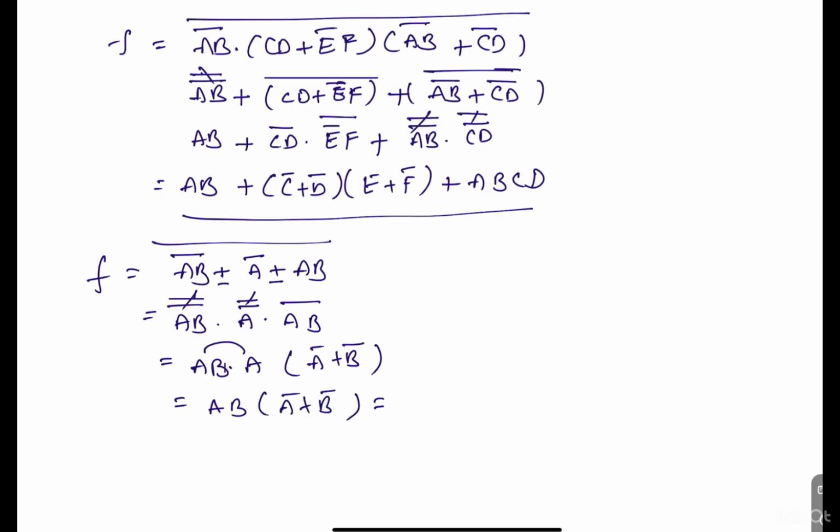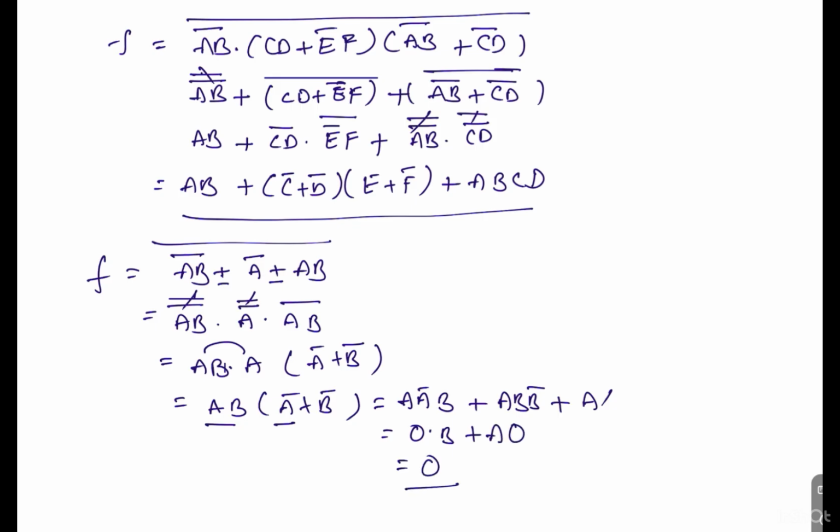So this can be again written as a bar·ab + ab·b bar. Here a·a bar can be written as 0, and b·b bar can be written as 0.